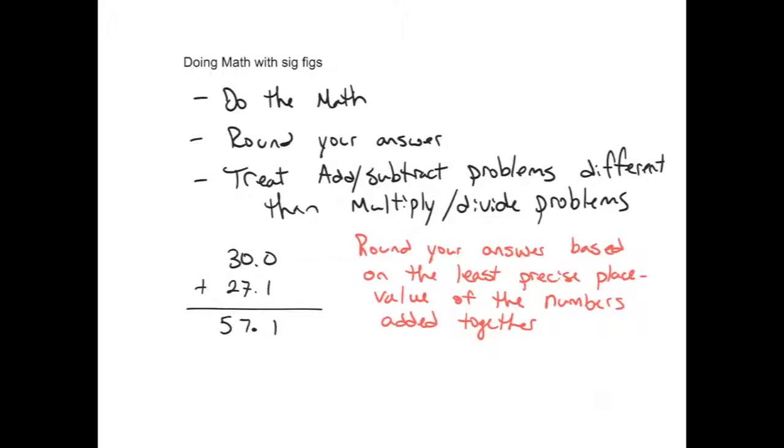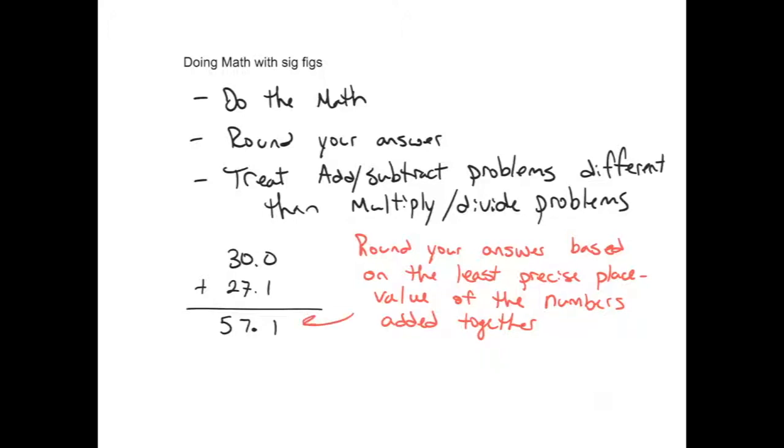Now, the place values get more precise the further to the right you go. So if you go 2 past the decimal or 3 past the decimal or 4 past the decimal, you get more and more precise place values. Precise means exact, so you're getting more exact numbers. But since both of these numbers end in the 10th place, then you report your answer to the 10th place. So this one doesn't actually need to be rounded.